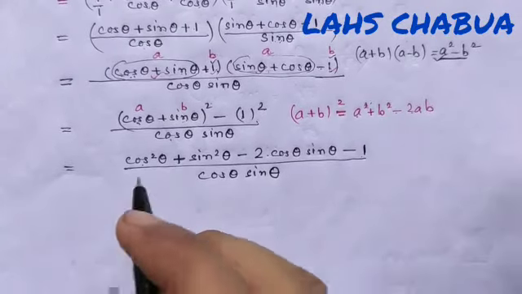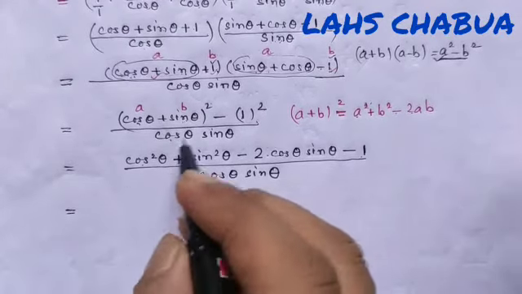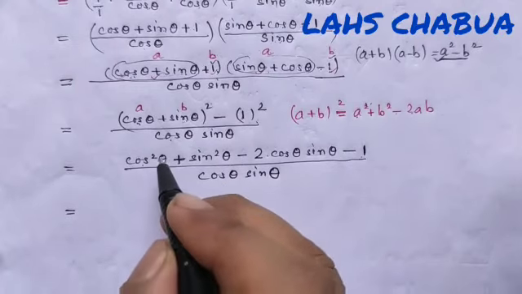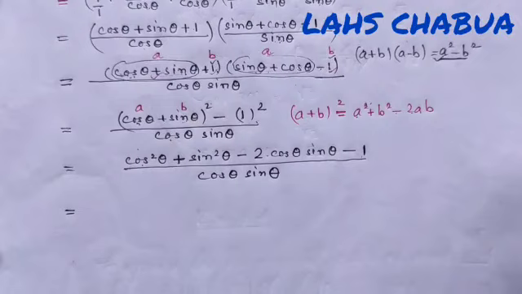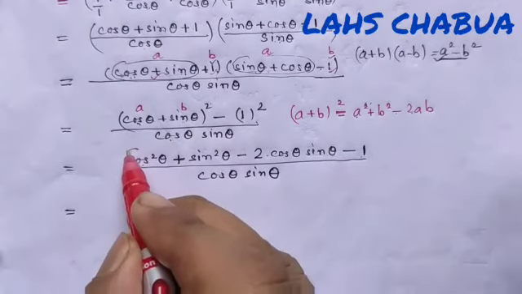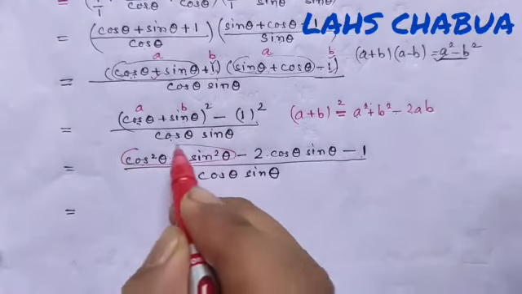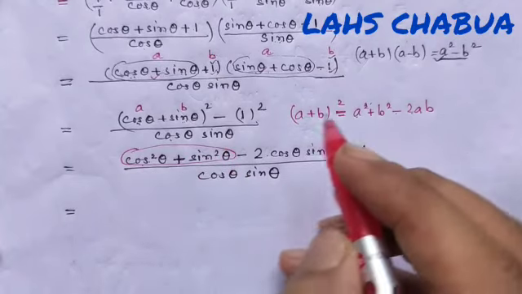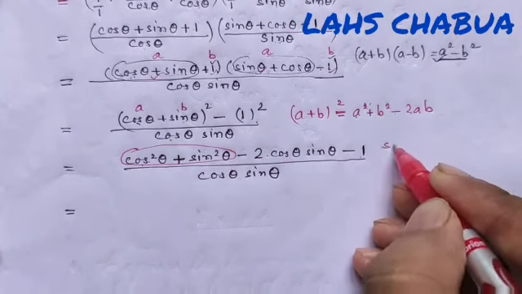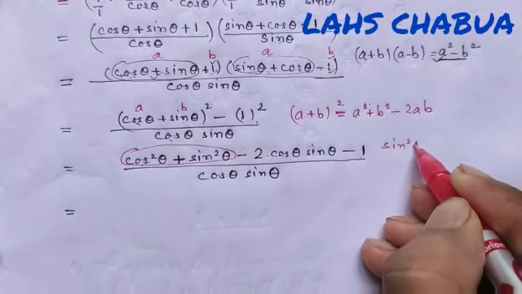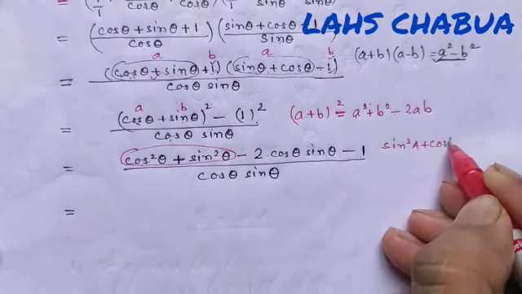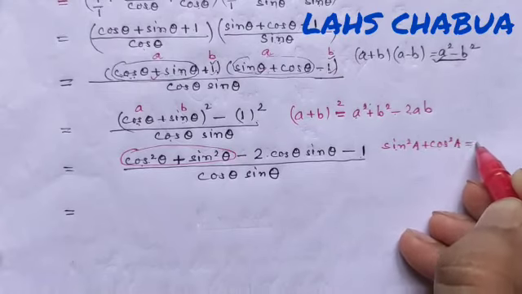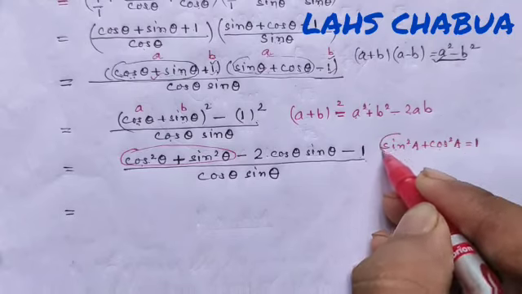Okay, next step. In this step we are going to apply the trigonometric identity. It exists in trigonometry, the first trigonometric identity: cos square theta plus sin square theta, or sin square A plus cos square A, the value will become 1.